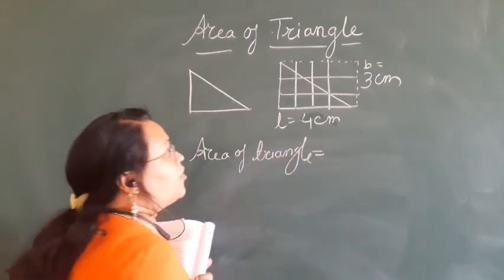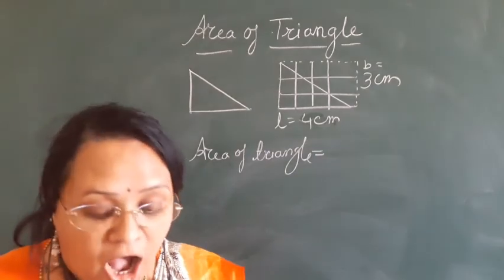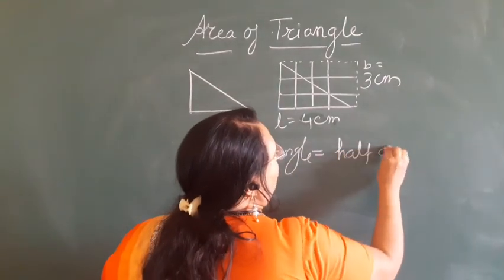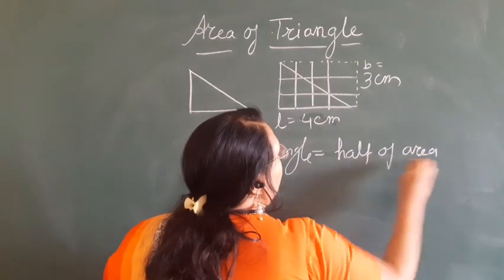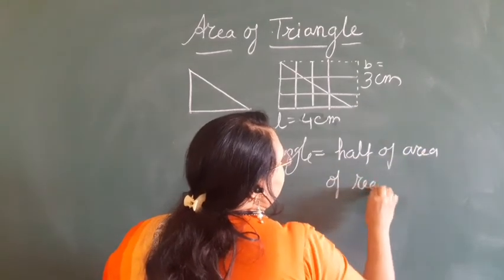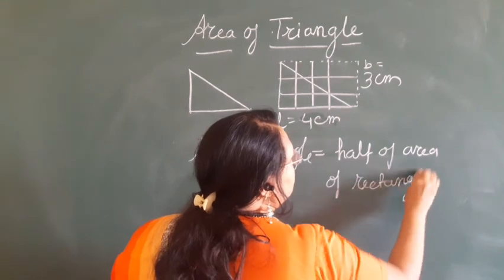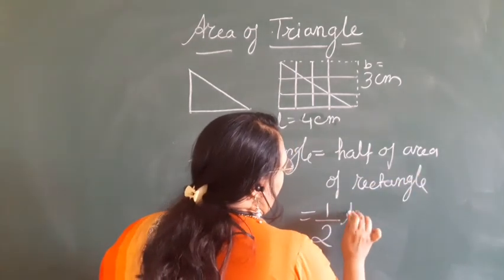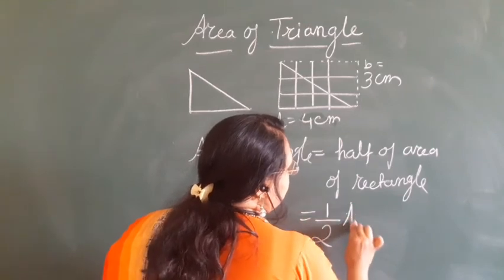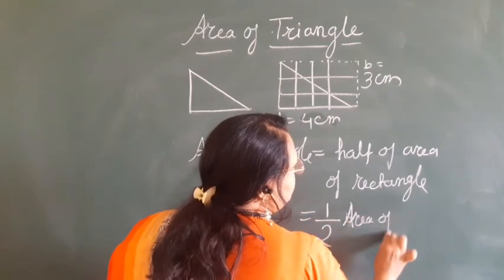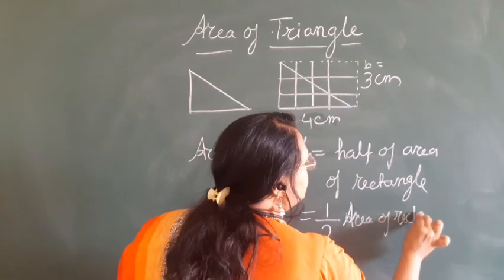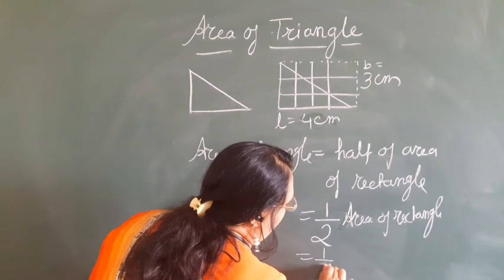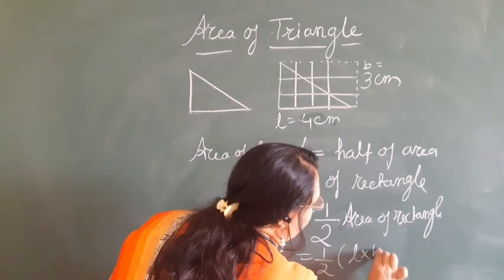And the formula for area of triangle is half of area of rectangle. That is, half of area of rectangle, and area of rectangle is length into breadth.